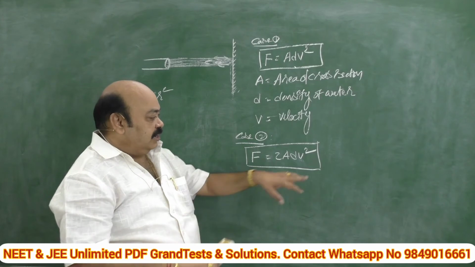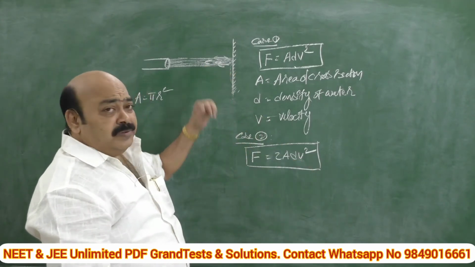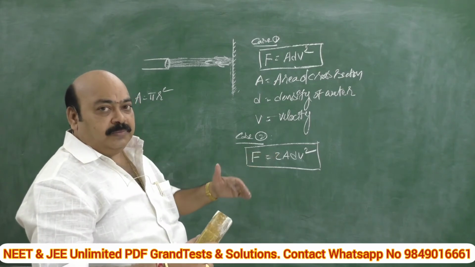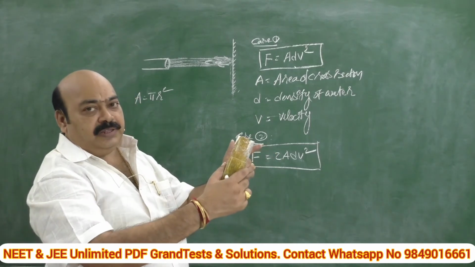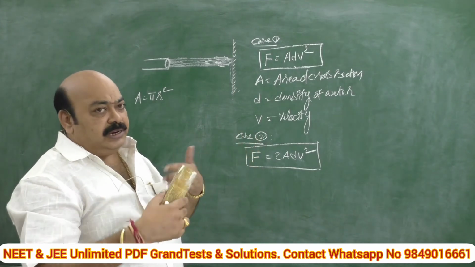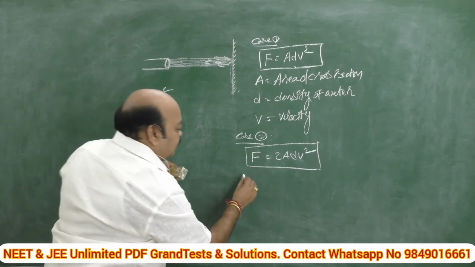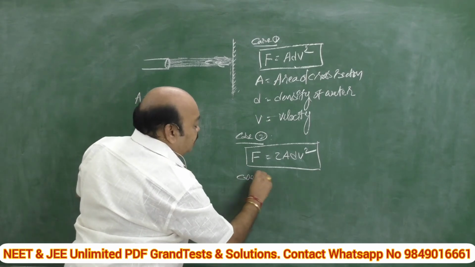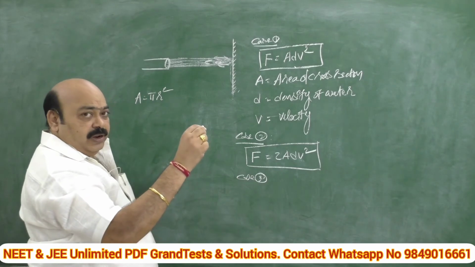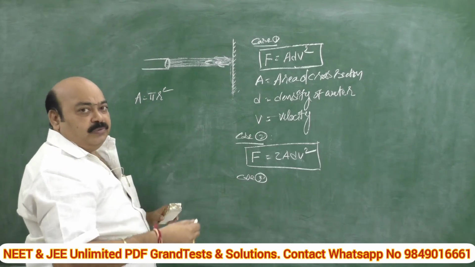Sir, is it necessary that the water rebounds with the same speed? May or may not. It's a case. For example, if water strikes the wall with a velocity 10 meters per second and it rebounds with 5 meters per second, it is one more case. Then we can consider the case as 3. Water strikes the wall with a velocity v1 and rebounds with a velocity v2.